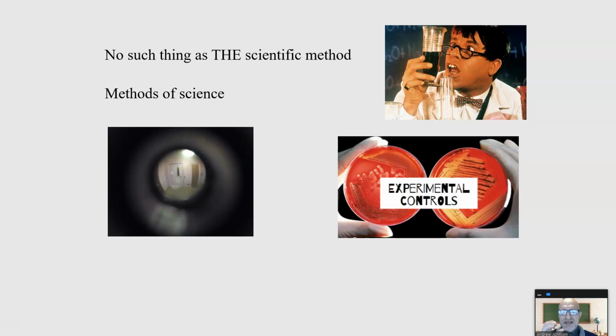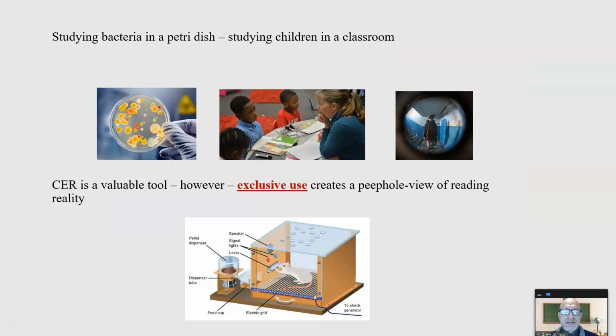It gives you a very narrow view of reality. It insists, if that is the scientific method, that the same methods used for studying bacteria in a petri dish should be used for studying children in a classroom.